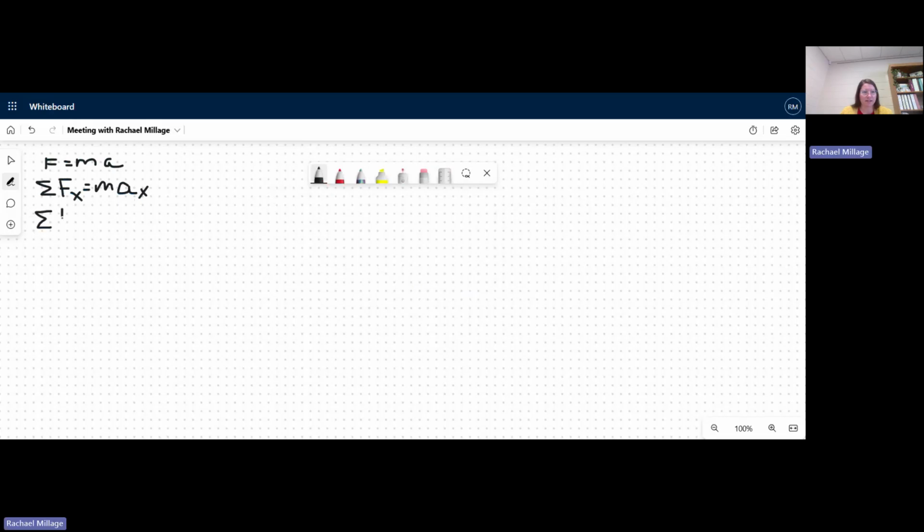And the sum of forces in the y direction equals mass times acceleration in the y direction. So we have to remember to split things up, and we also have to remember to sum all of the forces before we solve for things like mass.